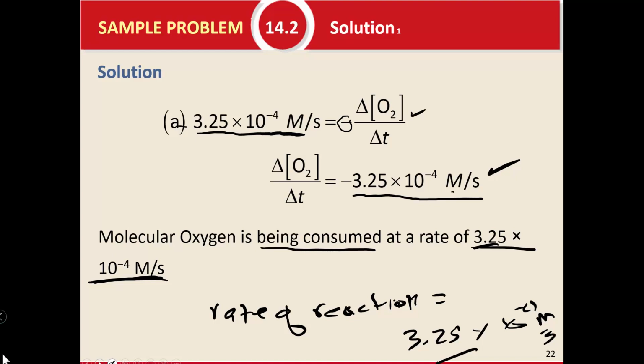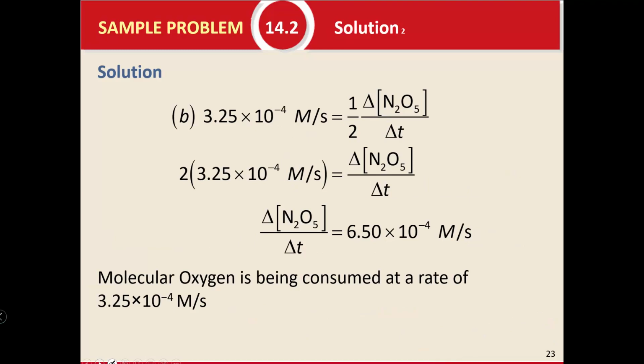The next slide asks a different question. It says, what is the rate with respect to the dinitrogen pentoxide? So here we have the overall rate, or the rate of reaction, is equal to 1/2, and it's positive because this is a product, of the change in concentration of the dinitrogen pentoxide divided by time.